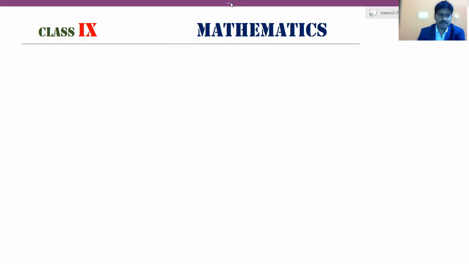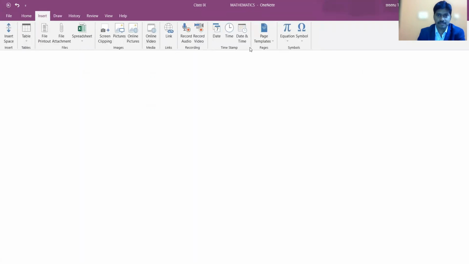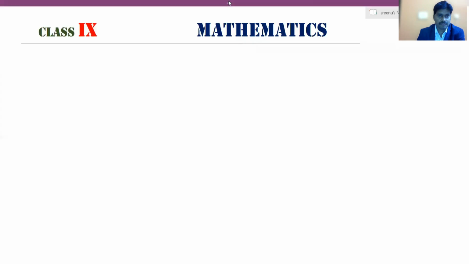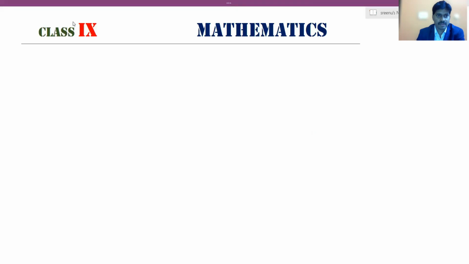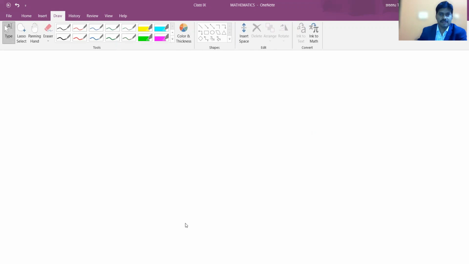Let's take the right angle triangle. In this we don't have symbols.